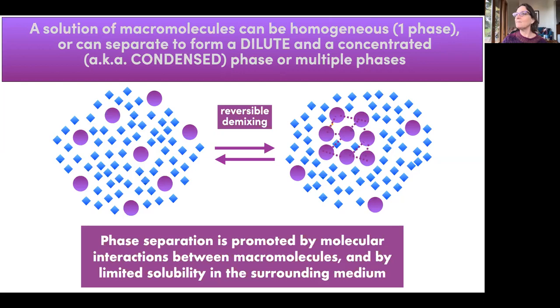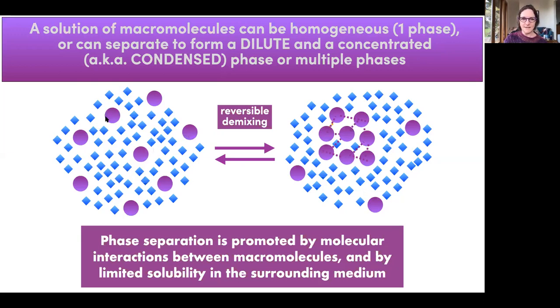I actually have a question, if you don't mind. The one on the right, how would you define the right image compared to the left image? Like what would the vocabulary be when you have a greater concentration of aggregates? So this would be a single phase system, and this would be a two-phase system, with respect to the purple molecule.